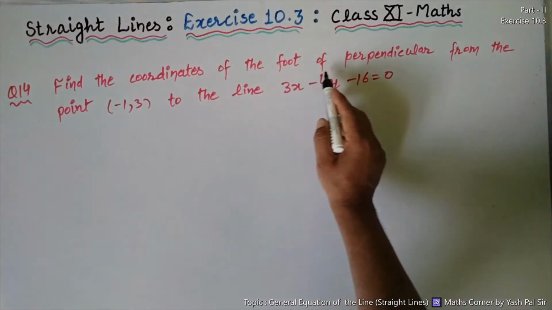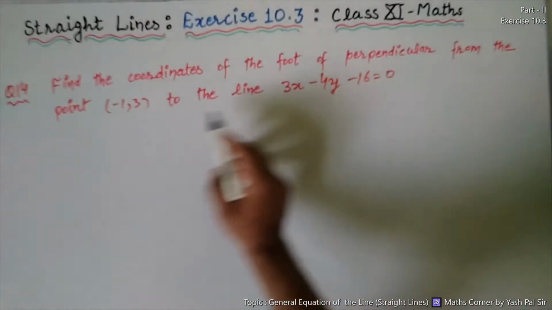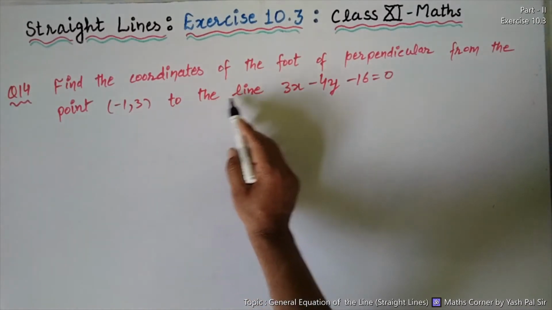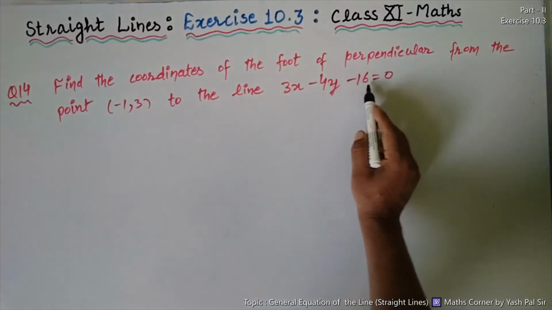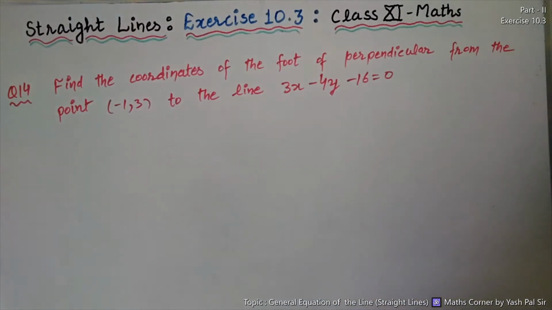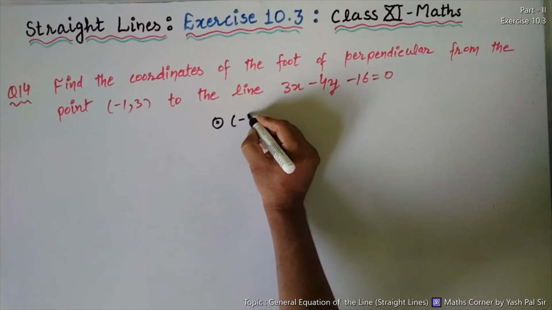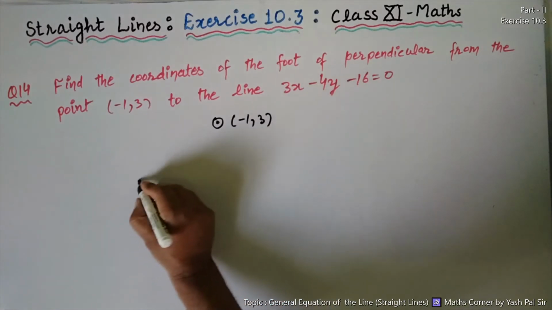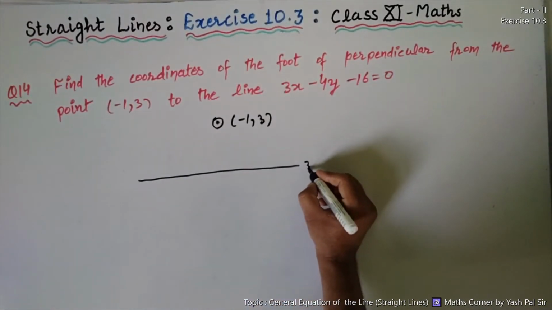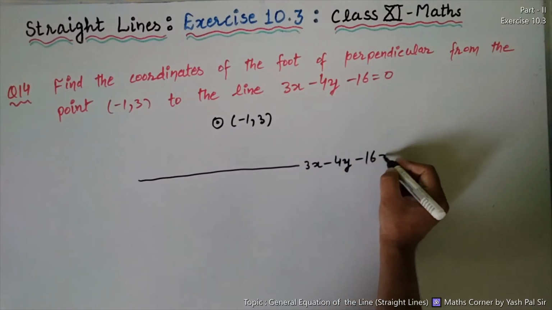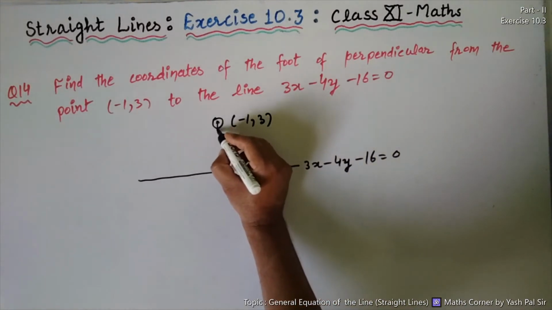Question number 14. Find the coordinates of the foot of perpendicular from the point minus 1 comma 3 to the line 3x minus 4y minus 16 equal to 0. So here first of all, this is the point minus 1 comma 3 and this is the line 3x minus 4y minus 16 is equal to 0.